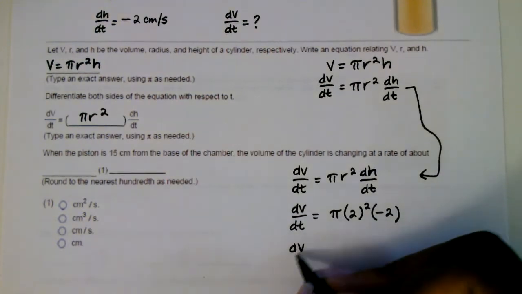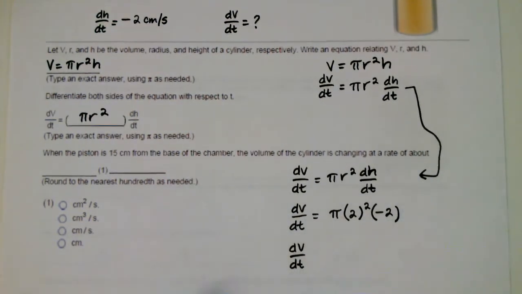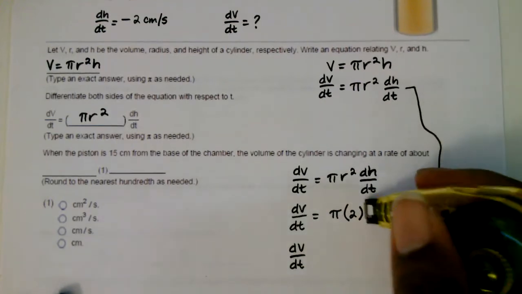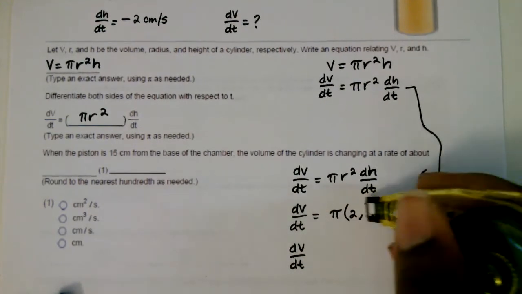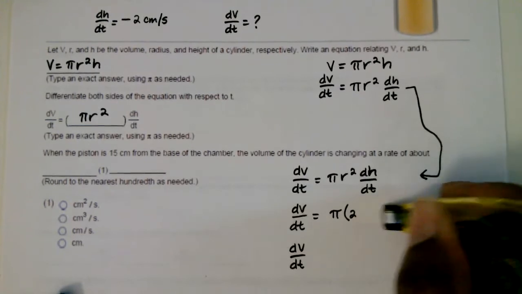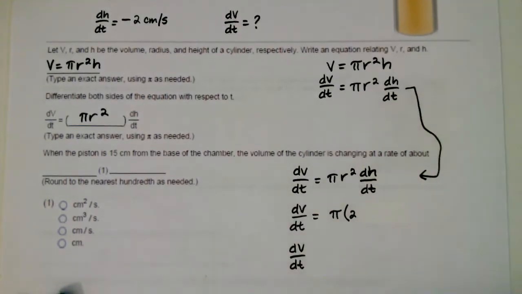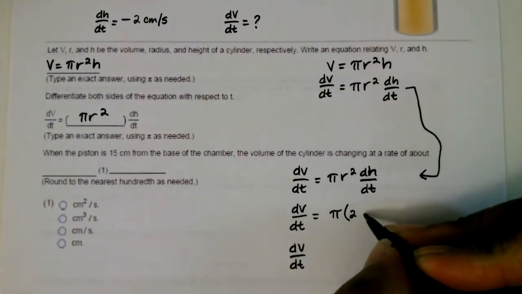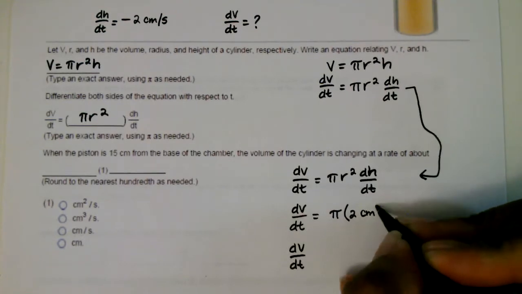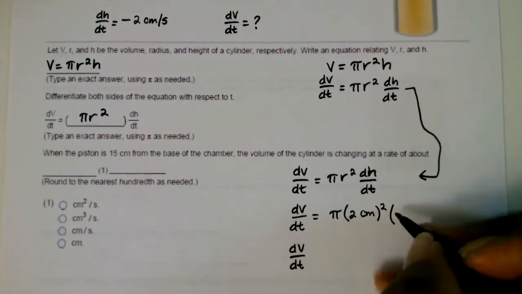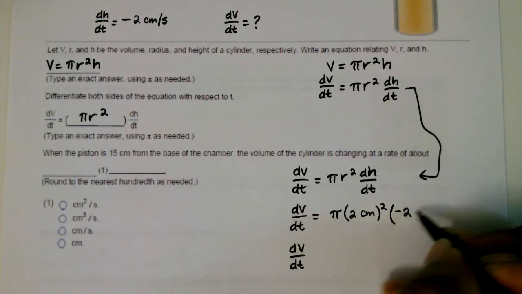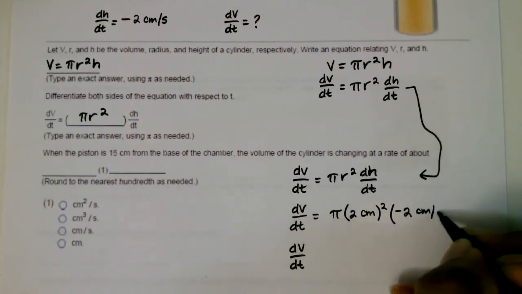So here, if I simplify this dV/dt, I'll go ahead and put in the units, so that you'll see it's going to be in the appropriate units that we need here. The R is 2, and that's going to be centimeters, squared. dH/dt was -2 centimeters per second.